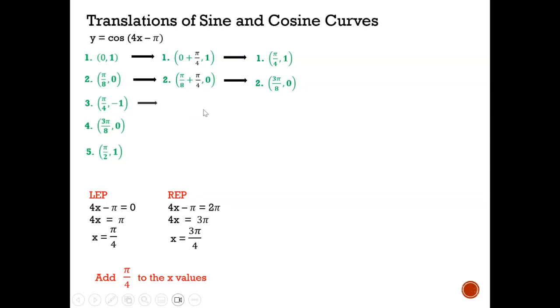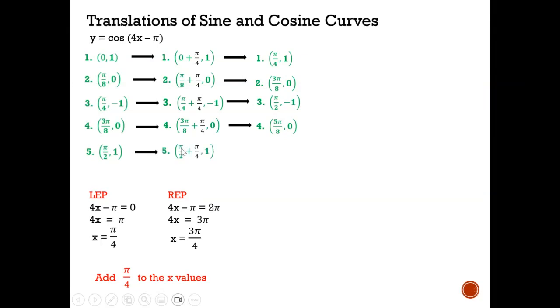And then pi over 4 plus pi over 4 will give us pi over 2, negative 1. And then 3 pi over 8 plus pi over 4 will give us 5 pi over 8, 0. And then finally, pi over 2 plus pi over 4 will give us 3 pi over 4.